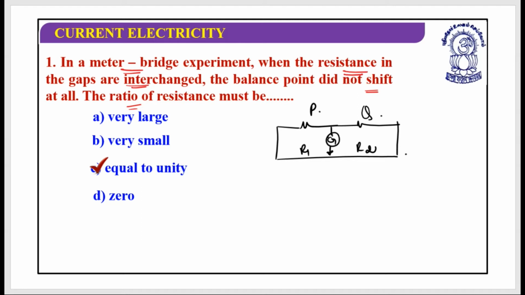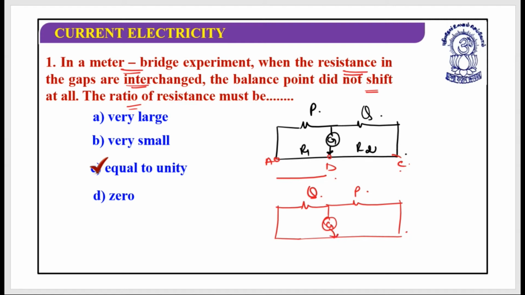That means the resistance of AD is R1 and the resistance of DC is R2. Now let's suppose that this is Q, this is P, and this is the jockey. Again, this is A, this is D, this is C. This would be R1, this would be R2.